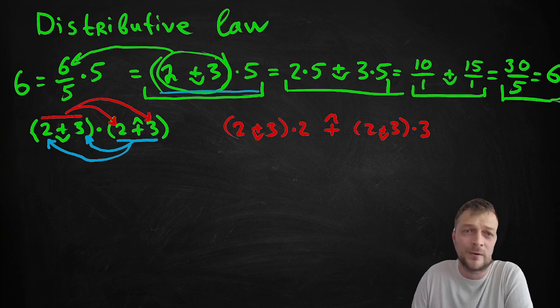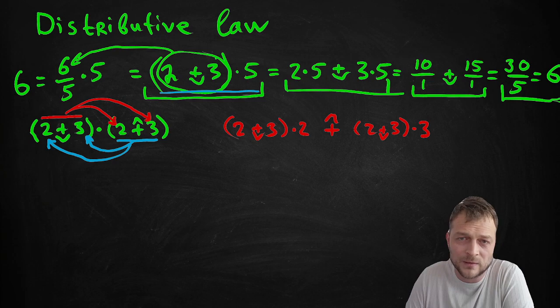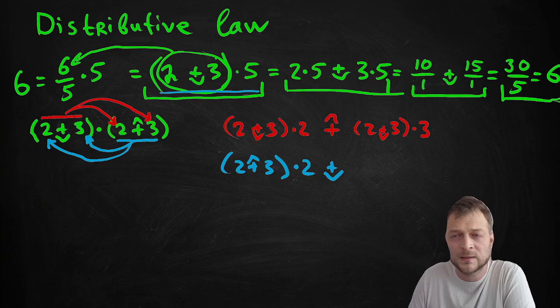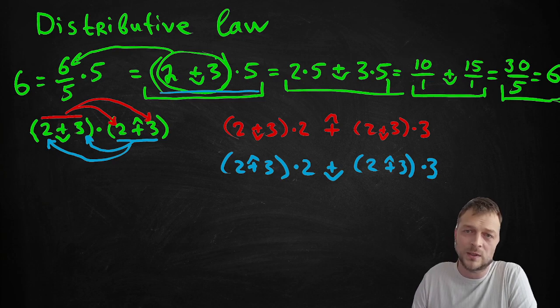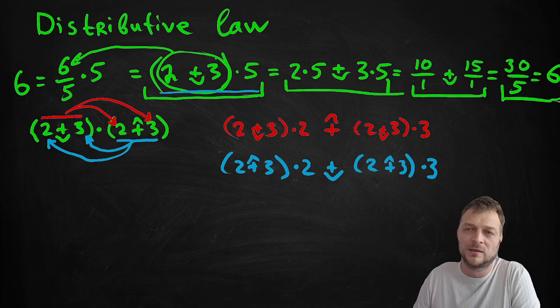In case of the blue arrows, I will get something different: 2 plus 3 multiplied by 2, and plus 2 plus 3 multiplied by 3. Notice the symmetry here, how we change the plus operation that stands in the parentheses here and here, and what we have here and here.